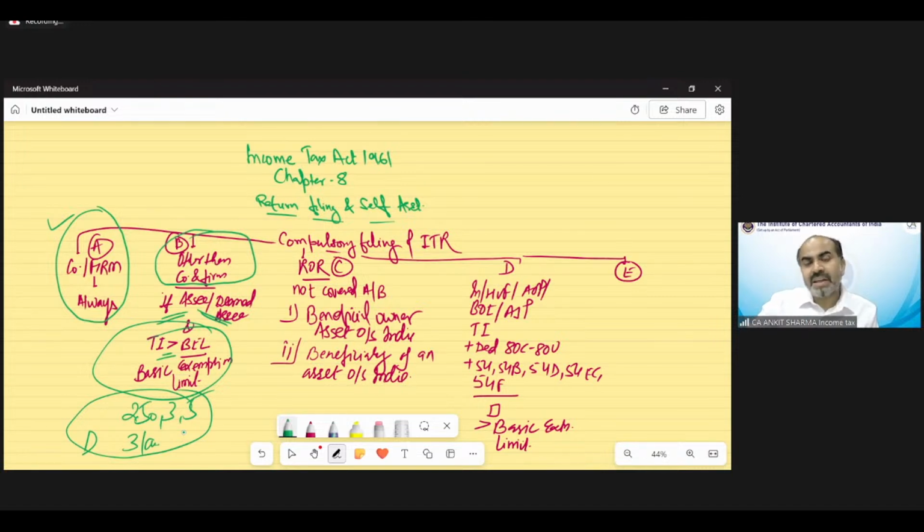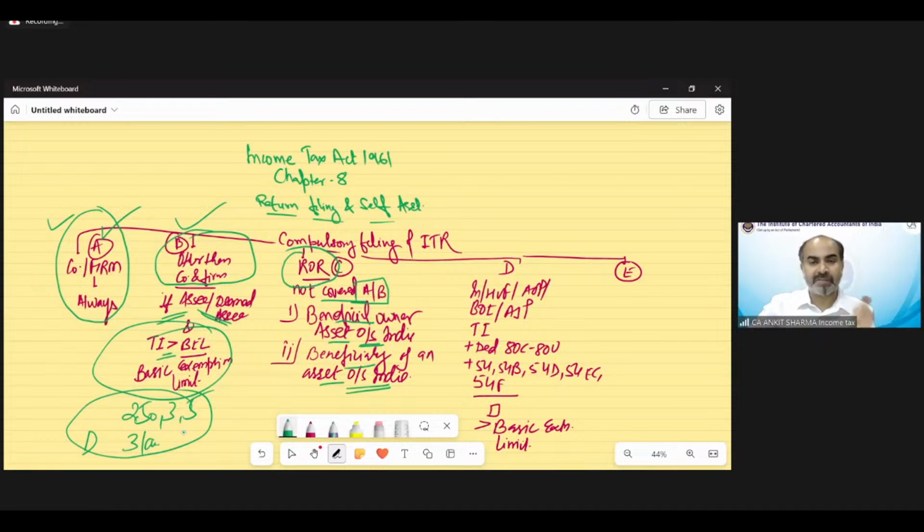Then compulsory filing for resident and ordinarily resident. Those resident and ordinarily resident persons who are not covered under point A and B, and if they are beneficial owner of any asset which is held outside India, or you are a beneficiary of an asset held outside India, then you also need to file your income tax return.